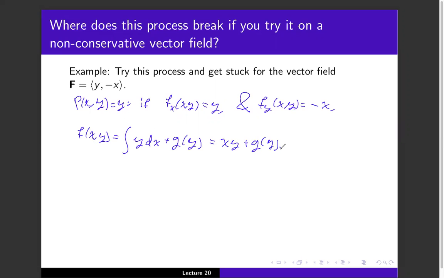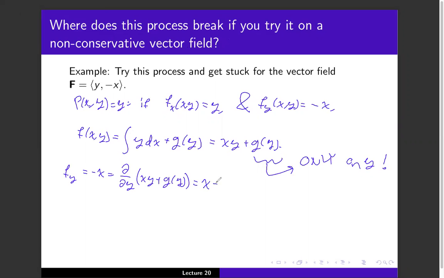which is xy plus some function g(y). And again, the important point here is that g only depends on y. It can only depend on y. Now, f_y, meanwhile, which we're saying is negative x, well, that's going to be the derivative with respect to y of xy plus g(y).